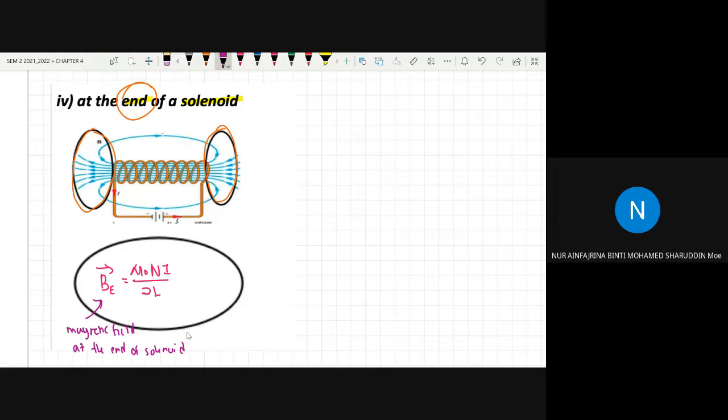Okay, once you guys are done, you may try example 1 and example 2. Okay, try dulu example 1. Miss tak akan bagi masa lama sebab dia memang masukkan formula je.